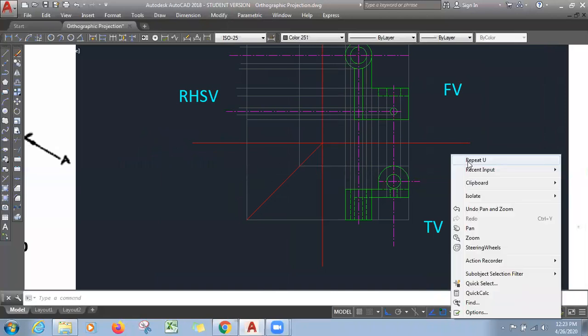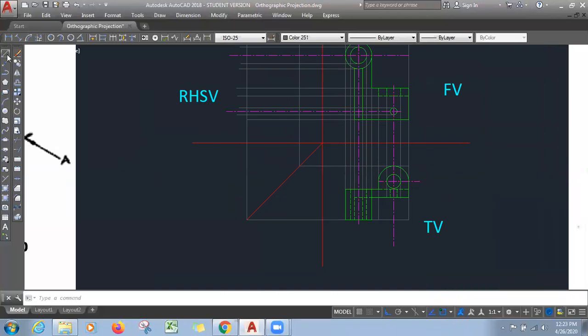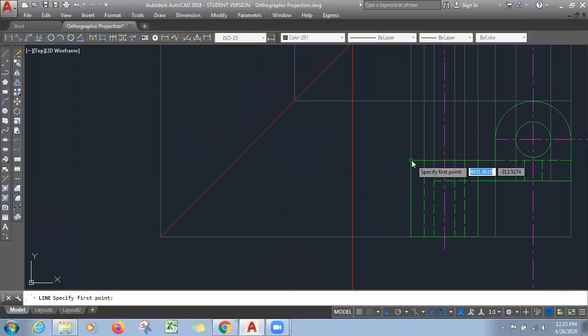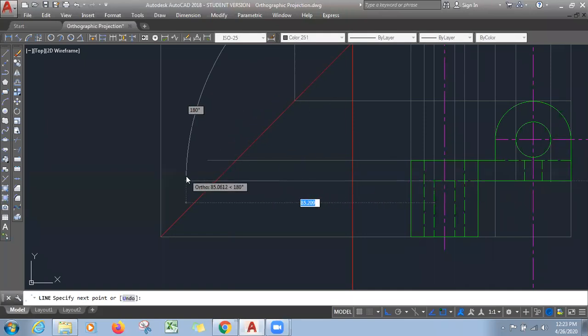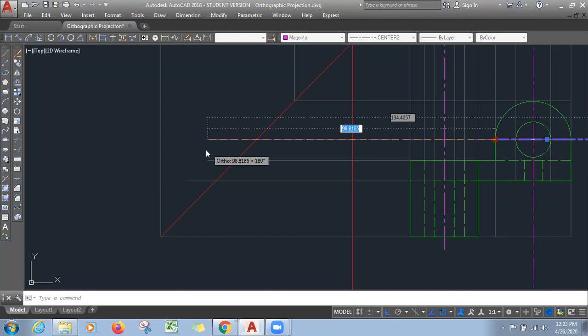In a similar way, take a line. How many projectors will we have? This is one. Repeat this level. You see this surface, two. This we already have, one, two, three. Then four we have.